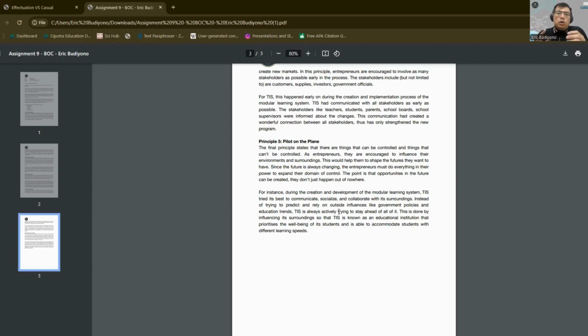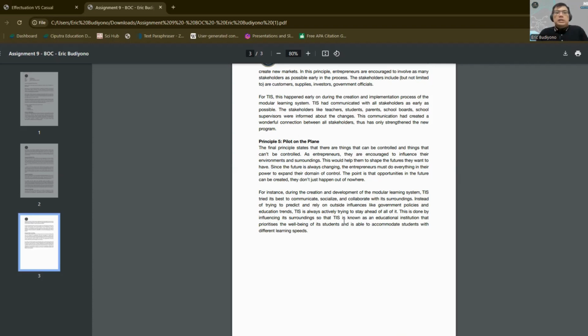So based on that, that's my understanding of the five principles of effectuation created by Sarah Sarasvathy.